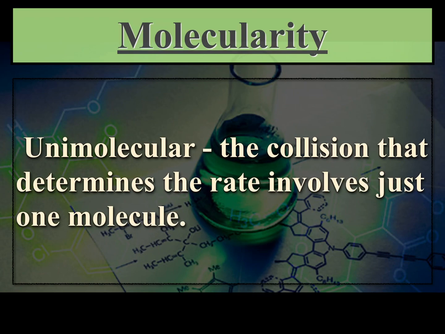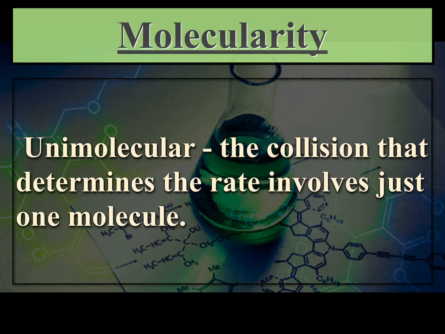When we talk about collisions, do understand collisions always involve more than one particle. So in this definition, for instance, first order kinetics are unimolecular collisions. Now, that doesn't mean that there's only one molecule in the collision. What it means is that we're waiting for something to happen with that one molecule before we can get a reaction. In other words, it's that one molecule that determines the speed.